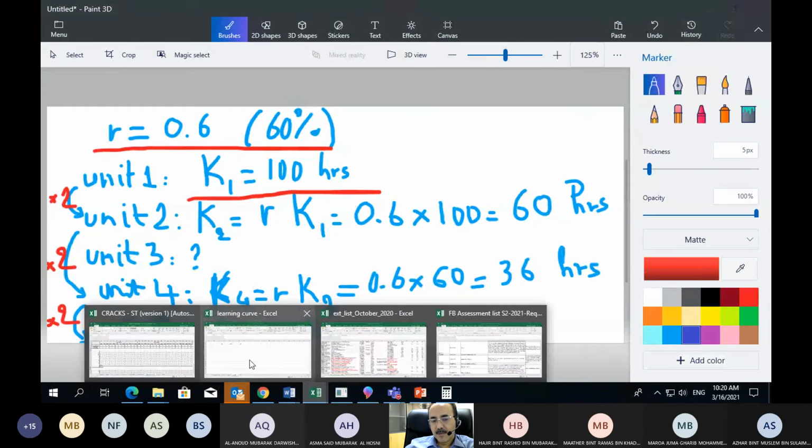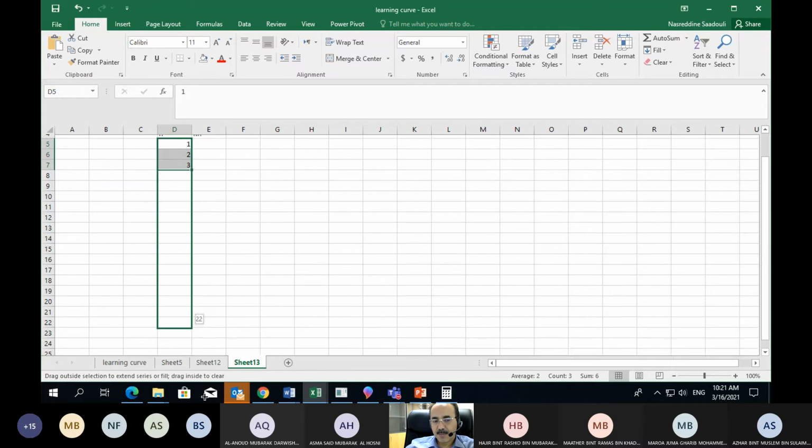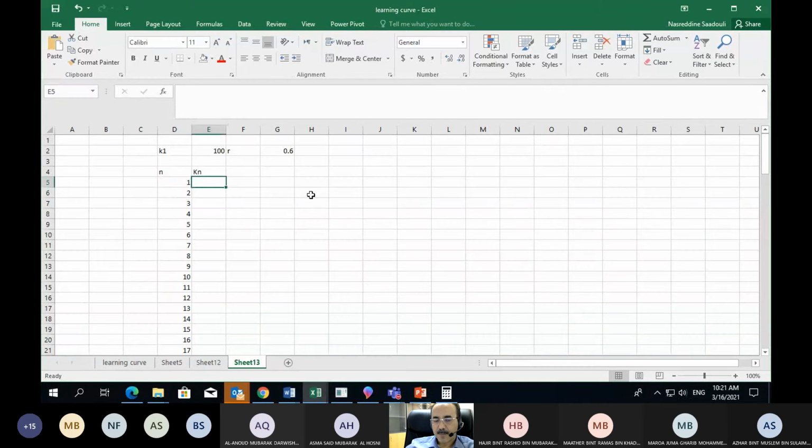We want to find out, when does the learning stop? So let's look at N and Kn. N is the cumulative units, and Kn, I'm just going to apply the formula. I'm going to use any number, for instance, up to 100. I will show you this later in a little more detail.